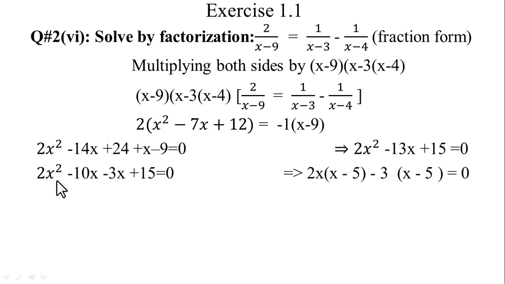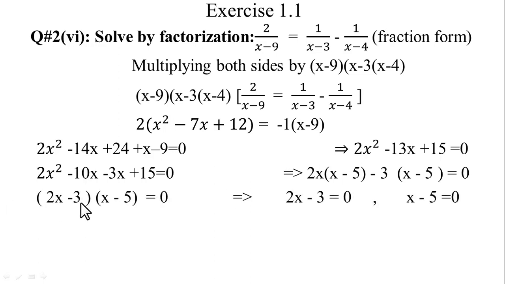Taking 2x common in the first two terms, this implies 2x into x minus 5. Similarly, minus 3 is common in the next two terms, then answer will be x minus 5. x minus 5 and x minus 5 taking common in both terms, then we have 2x minus 3 into x minus 5 is equal to 0.